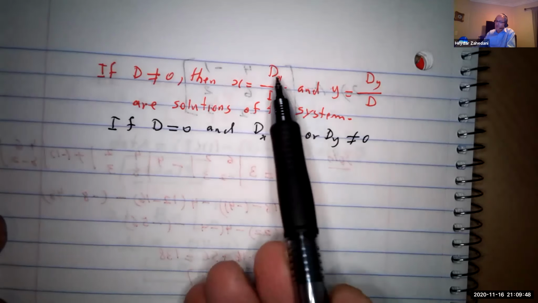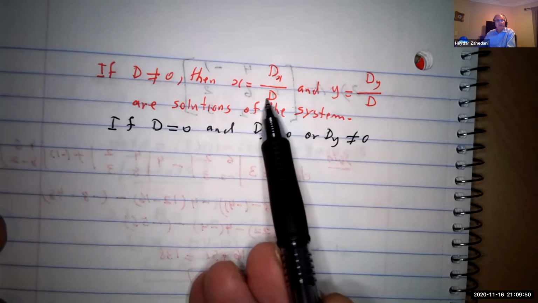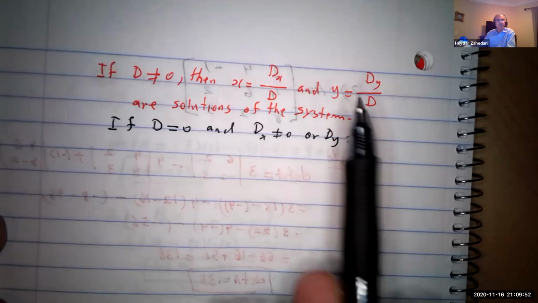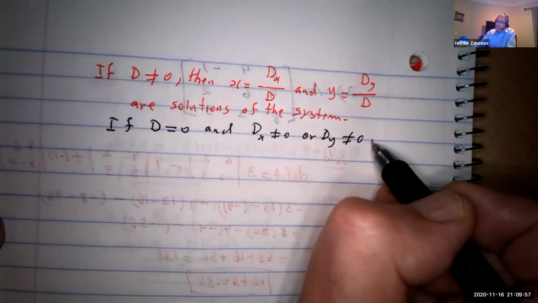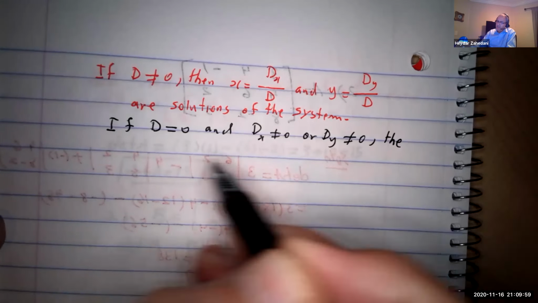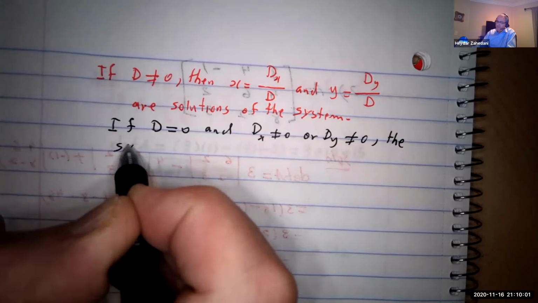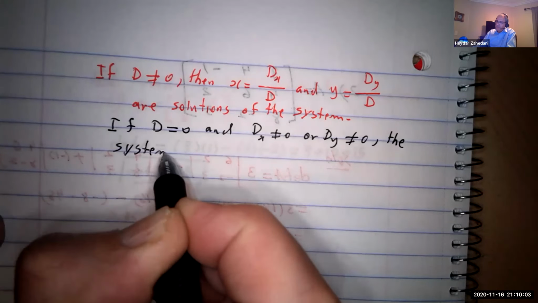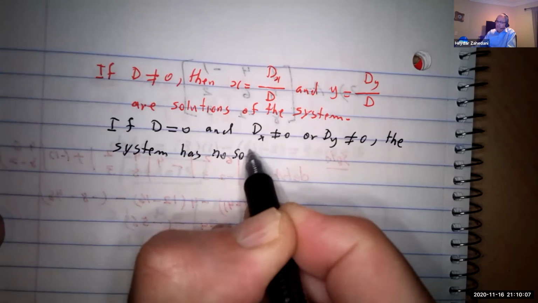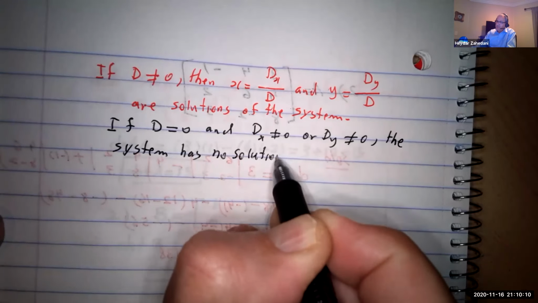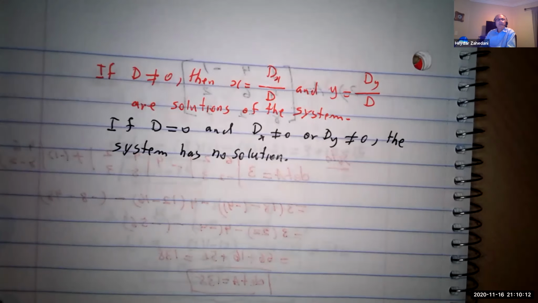Suppose this is 2 and this is 0. You know that 2 divided by 0 is undefined. So in this case, we say the system has no solution. Remember, in algebra, we say the system is inconsistent, meaning there is no solution.